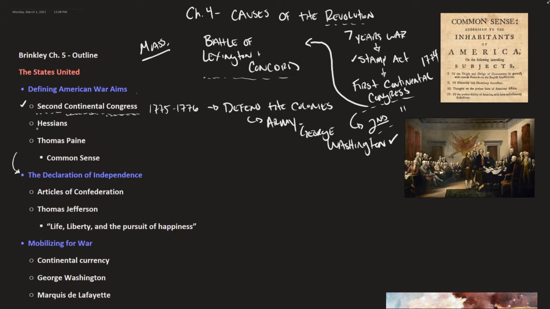Meanwhile, King George III in Great Britain hired Hessians. Hessians are soldiers for hire, right? Specifically from Germany. They're German soldiers for hire.